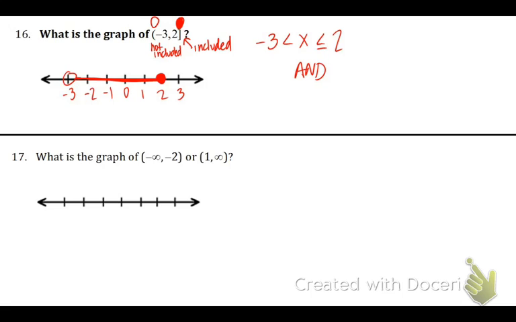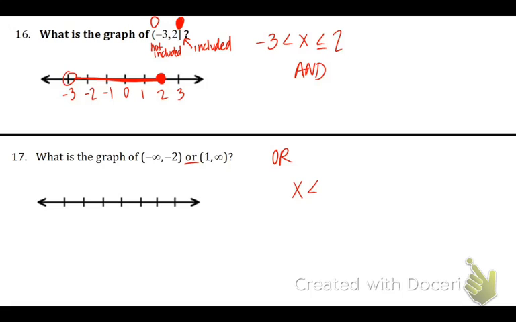Number 17, we are given another set interval notation, and we need to graph this. Oh, this is just what I was talking about. We have infinity, so that means it's going to be an or problem, as you can see. And I'll put it in the inequality form if that helps any of you.